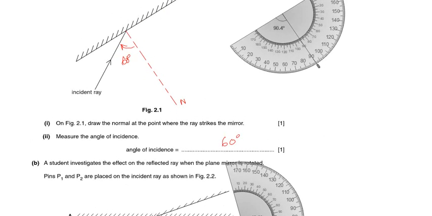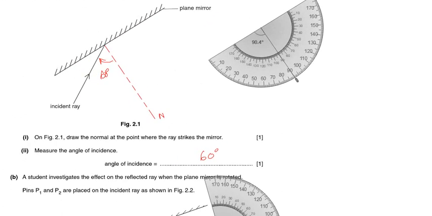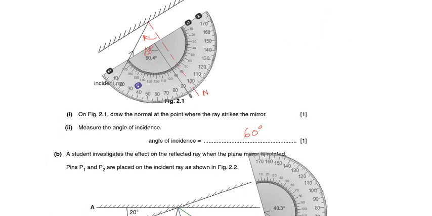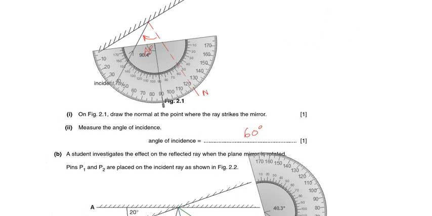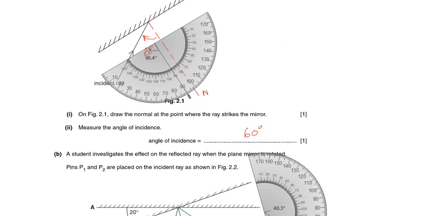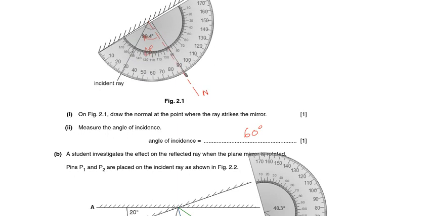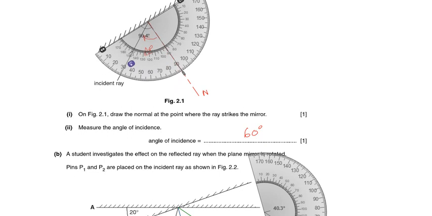So what will we do? We will put the protractor this way, like this. Put the compass like this.